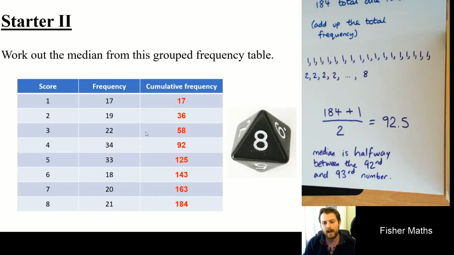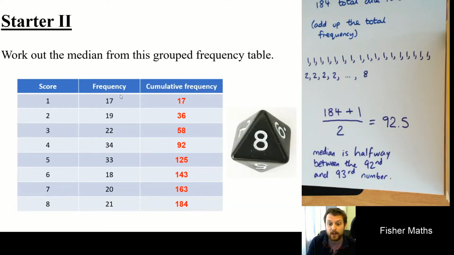Right? Now, the cumulative frequency helps us to work out whereabouts some numbers are. For example, the first 17 numbers, and in particular the 17th number, is a 1. And then the 18th number is a 2.